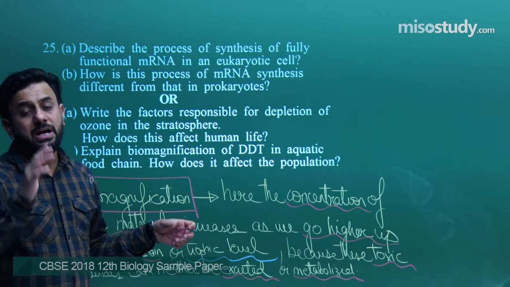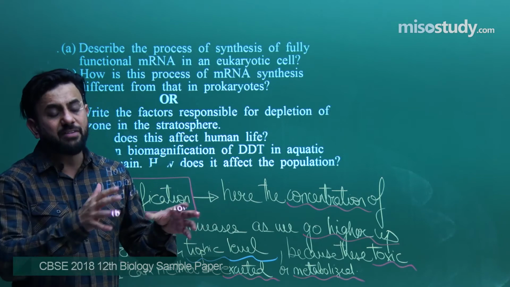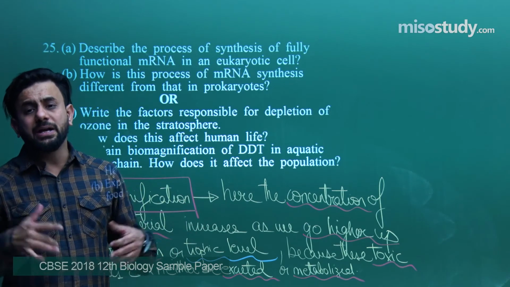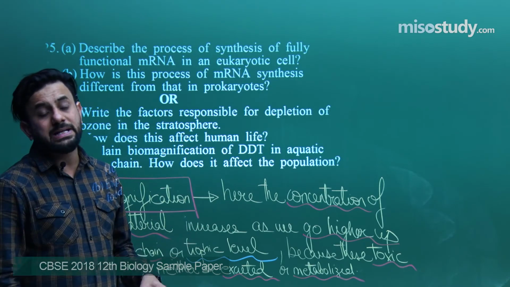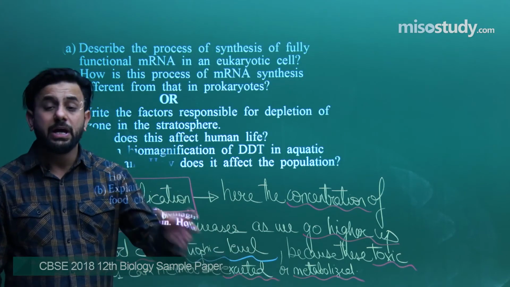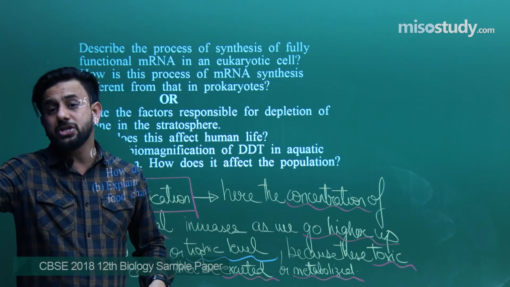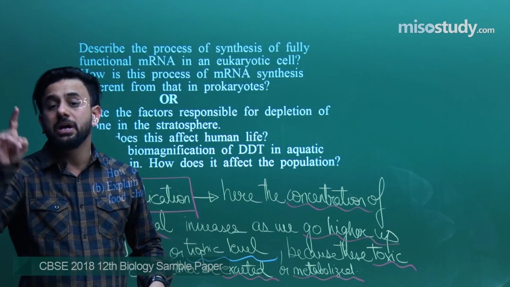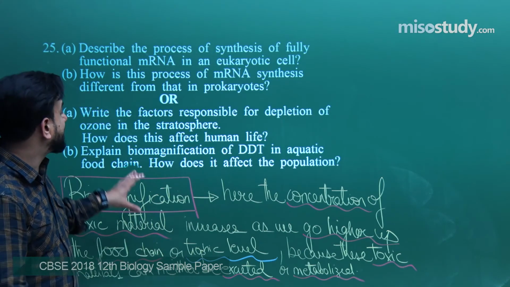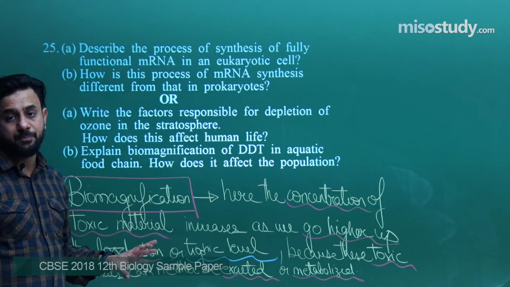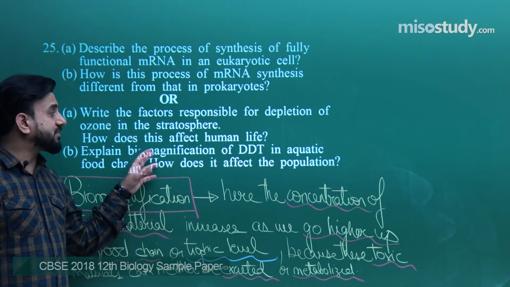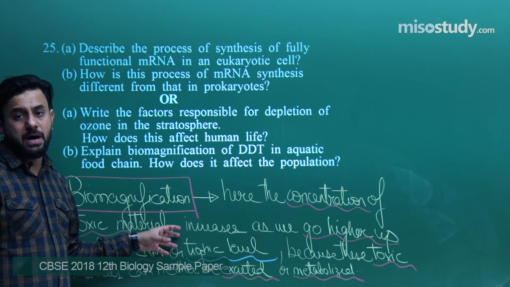A human being cuts this big fish and eats it. So ultimately that DDT which was there in water in less concentration has reached a higher trophic level, the humans, in a very high concentration, and this is biomagnification. Note this down, and after this we will continue with the last part of the session.